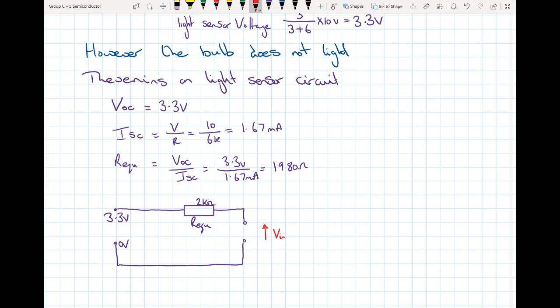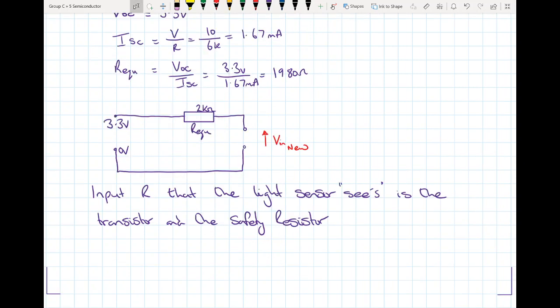So Vin new, because that's what the problem is in the circuit. We think we're supposed to have 3.3 volts, but actually what we're doing is loading our circuit, so we haven't actually got that. So we need to carry out a calculation. In calculating what our load is going to be, so it allows us to calculate what our new Vin is, we need to take into account the transistor and the safety resistor.